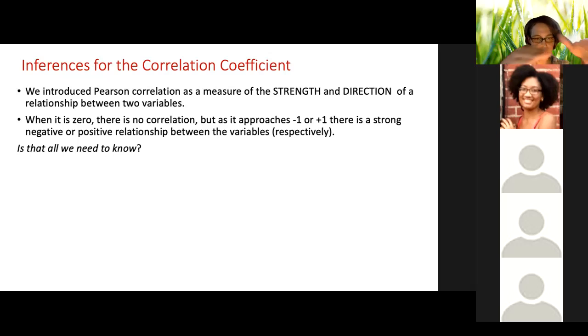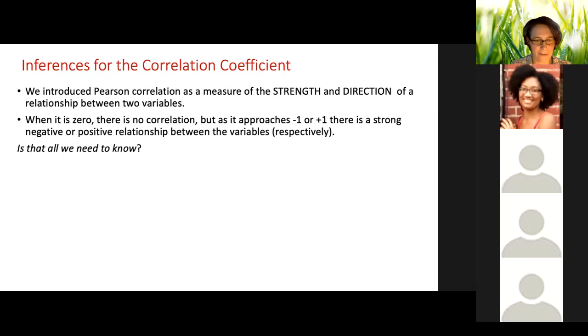So Alison just correctly mentioned the sampling distribution. If we sample from a population that has a true correlation of 0 between study time and exam anxiety, then on average, our sample correlation coefficient will be 0.